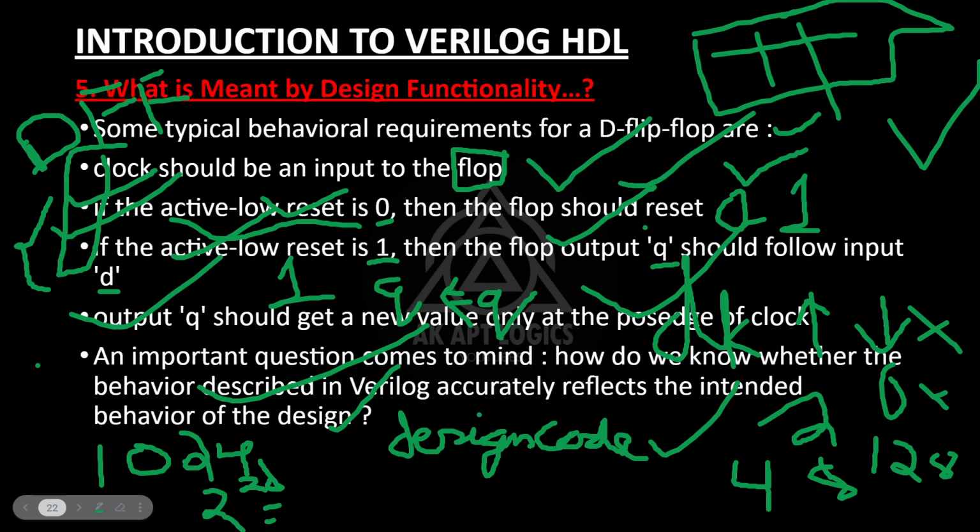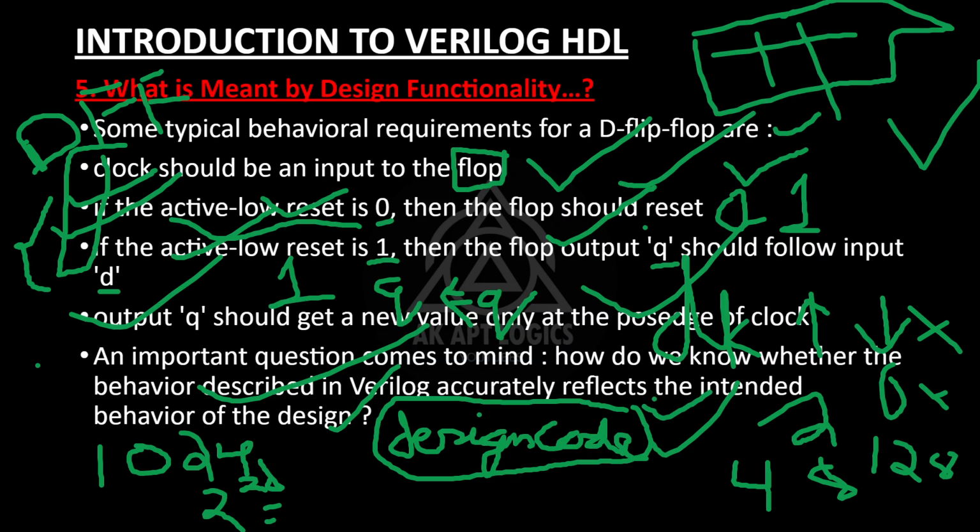So the point is, to apply these inputs you also have to write code. You are writing the design code for the functionality, and to verify this design code, you have to write the TB, the test bench code. It means we are going to write two types of code: one is the test bench code and the other is the design code. What does the design code represent?